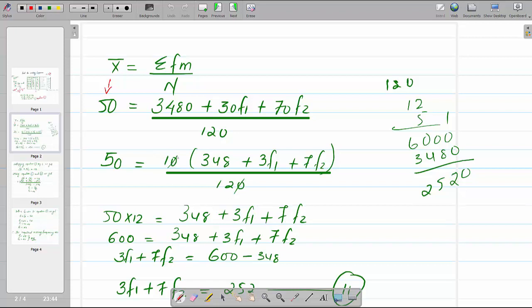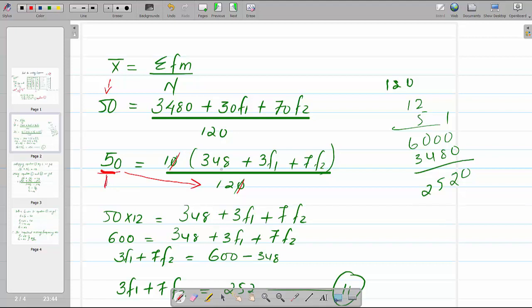Let me just show it. We strike down both the zeros, after which we can do cross multiplication, right? You remember, if there's nothing here, then we consider it as 1.